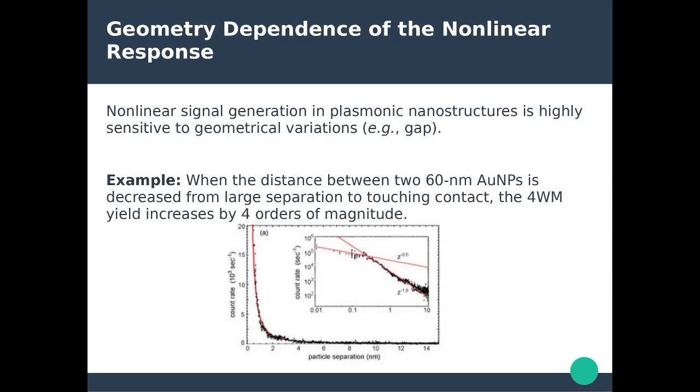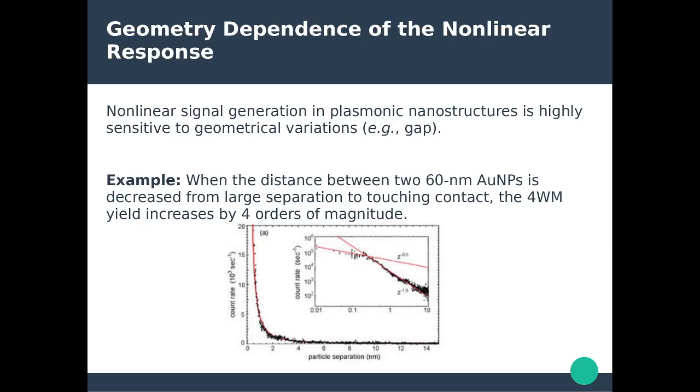Something also important to notice is that those optical processes are going to be very strongly dependent on the actual geometry. For instance, they are also very dependent on the gap distances. The reason is that we've seen those things are strongly dependent on the electric field.